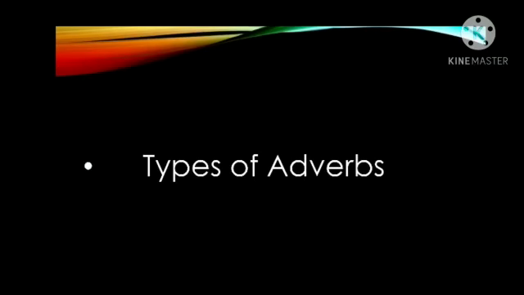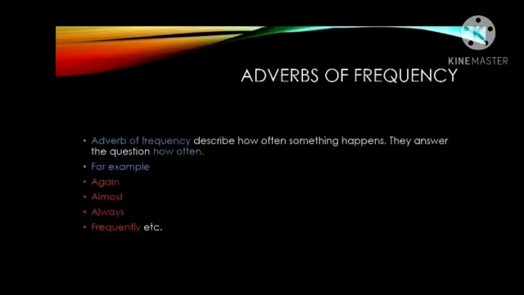Now, let's discuss kinds of adverb. We have different kinds of adverb. Now, some of the kinds of adverb we are going to discuss. First of all, we are going to discuss adverb of frequency.